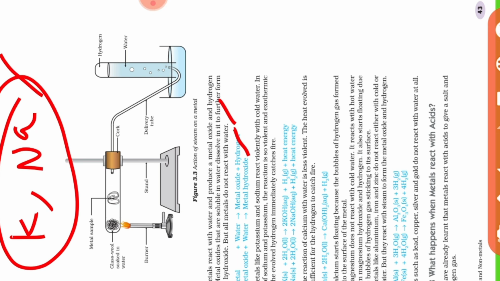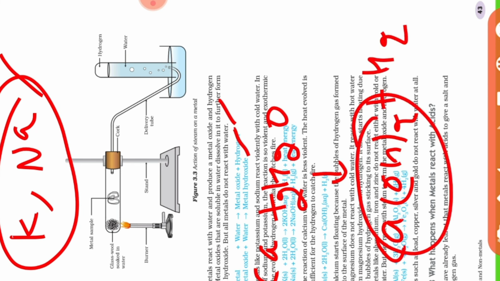But the reaction of calcium with water is less violent. Calcium with water gives Ca(OH)2, using 2 moles, and H2 gas is evolved. Calcium is less violent with water, that is why it can give the reaction.